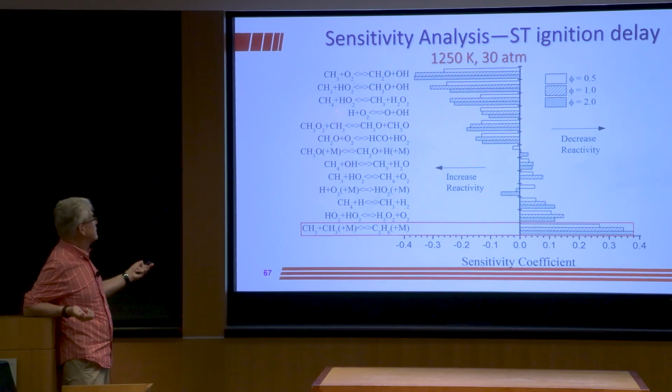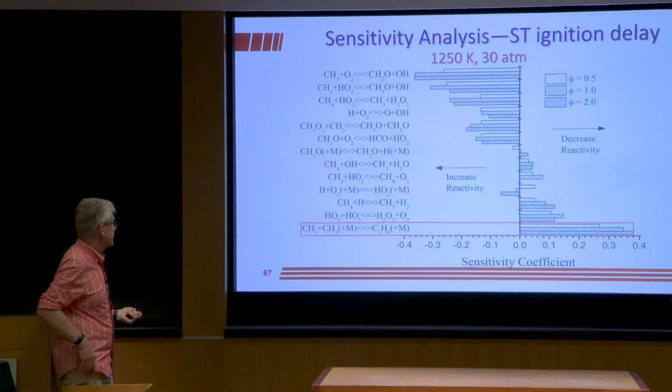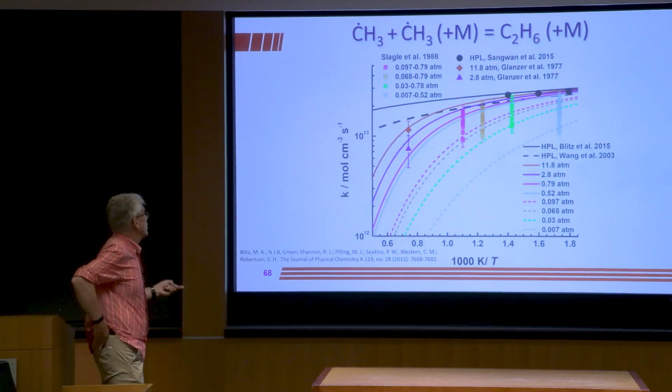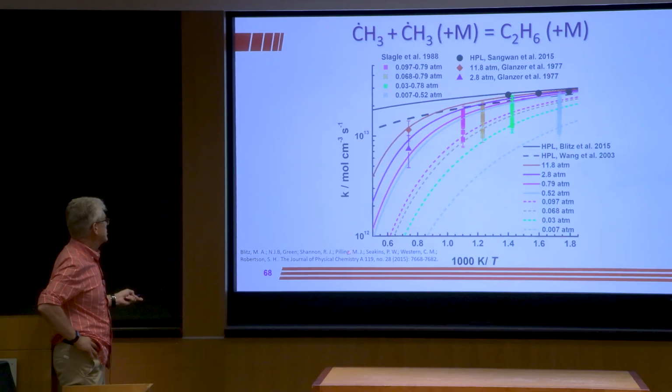So again, as I said earlier, this is oxidation and this is pyrolysis, right? And you have those competing mechanisms, okay? And so we take the rate constants again from the high pressure limit, we take from this study, and actually we take all the rate constants from that study.